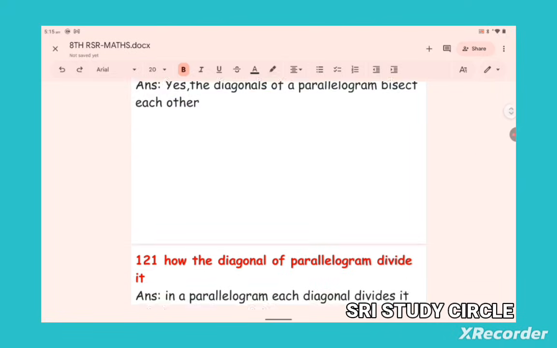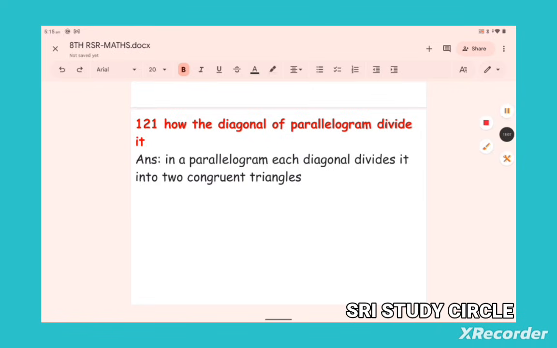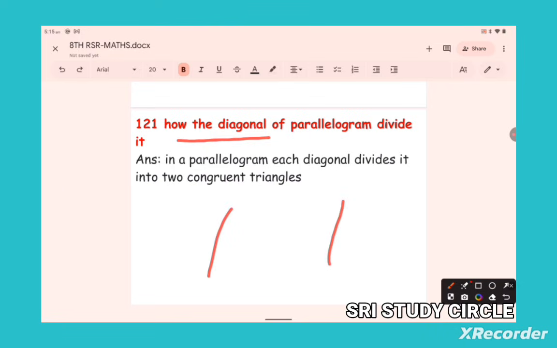Now next question. How does the diagonal of a parallelogram divide it? So this is a parallelogram ABCD.